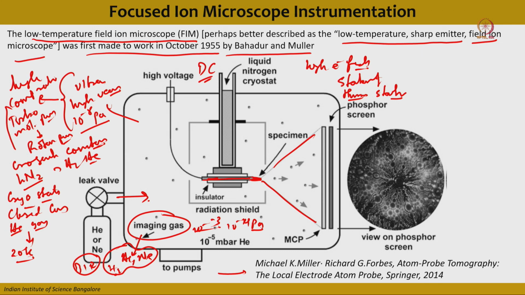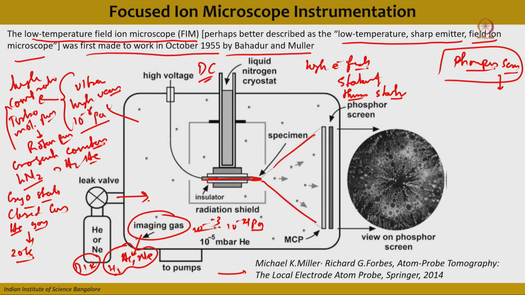Now, after the imaging gas, one more important part is the phosphor screen. In old FIMs, the detector is just a single phosphor screen. These ions, as I told you, are very heavy. When the polarized imaging gas ions strike the phosphor screen, it usually gets damaged very easily.